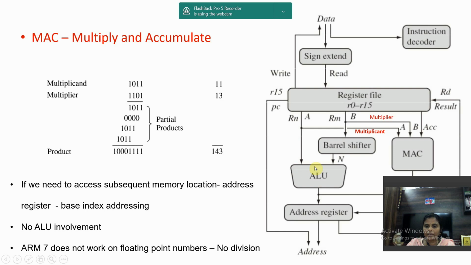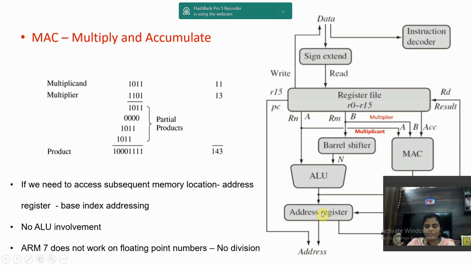Instead of disturbing the ALU, whatever the address is, initially it can be loaded in an address register. So when 4100 comes on the address bus, the address register gets incremented to 4101.